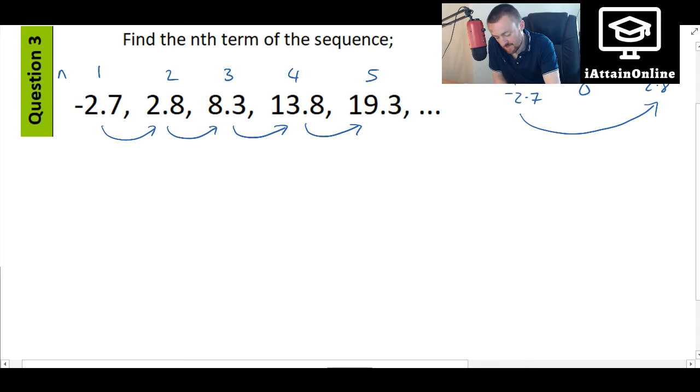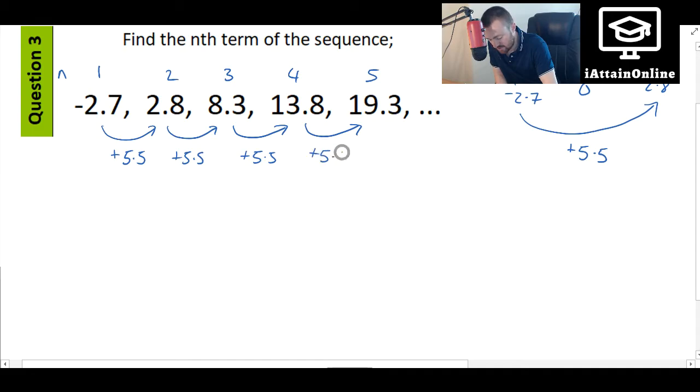So if you think about it, to get back to 0, you've added 2.7. And then to get from 0 to 2.8, you will have added 2.8. So in total, if I add 2.7 and 2.8, it's going up in 5.5s.